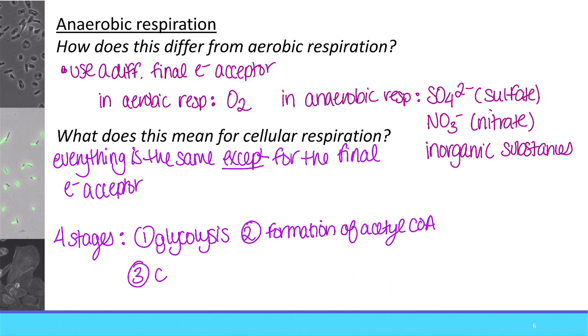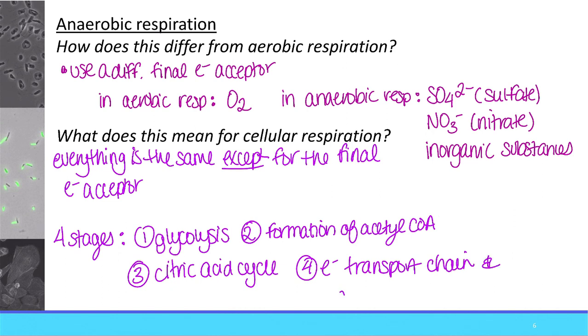For stage 3, we still do the citric acid cycle. And last but not least, we still have the electron transport chain and chemiosmosis. Again, this is the part that is different. Instead of using oxygen as our final electron acceptor, we instead use an inorganic substance. Other than that, everything else is the same.